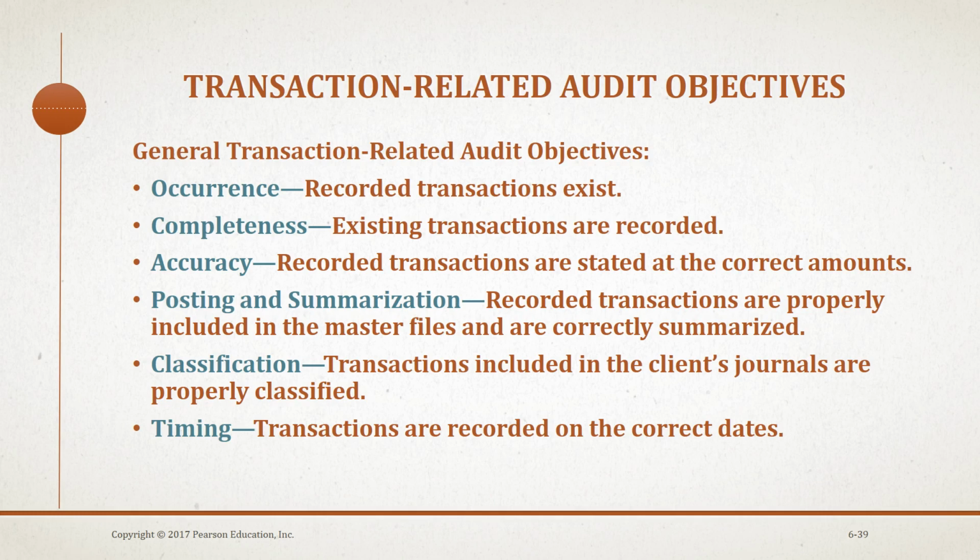Batch posting meaning it goes all together in one file and then is uploaded. Classification. Transactions included in the client's journals are properly classified. Timing. Transactions are recorded on the correct dates.